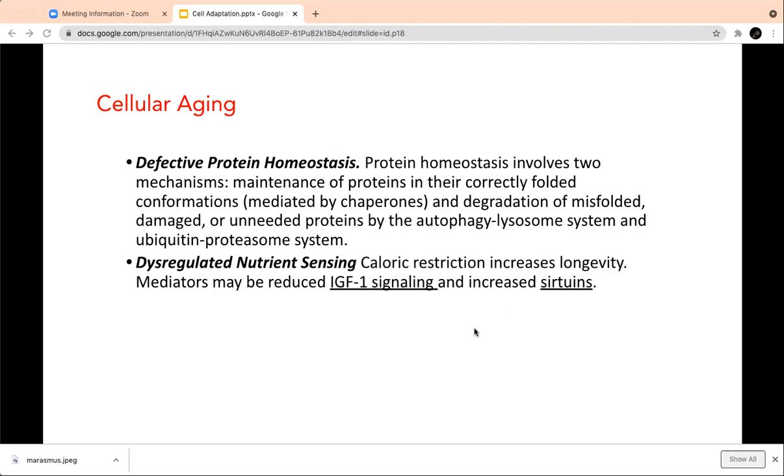So caloric restriction increases longevity. So kaya huwag kayong kumain ng kumain, lumamon ng lumamon. So ano yan, scientifically based yan. Caloric restriction increases longevity by reduced IGF-1 signaling and increased sirtuins. Okay, remember sirtuins, ha?